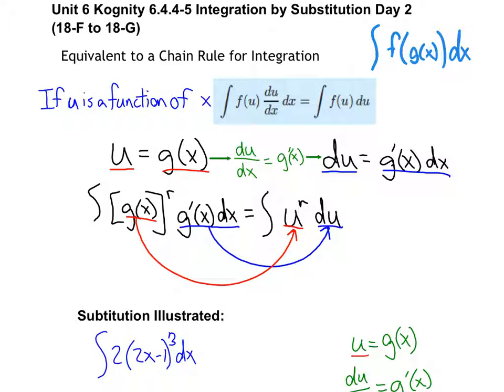Notice I have u that is a function of x. So that's why we see here that u is g of x. Okay?